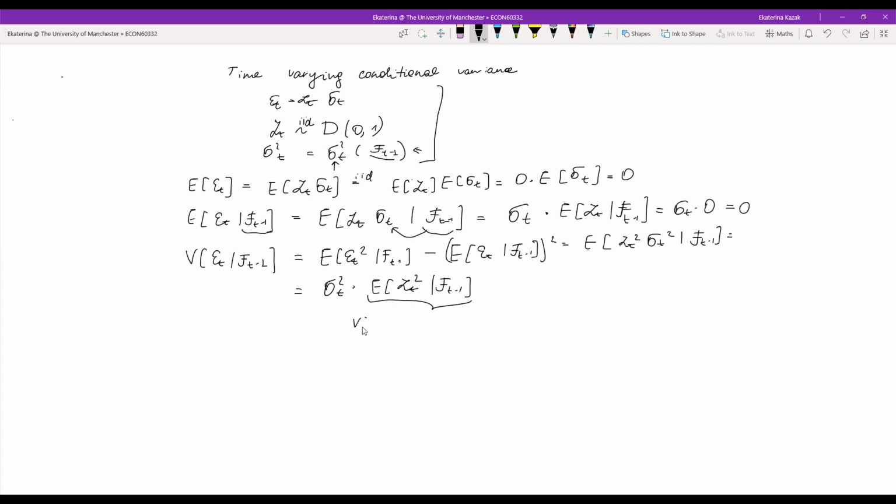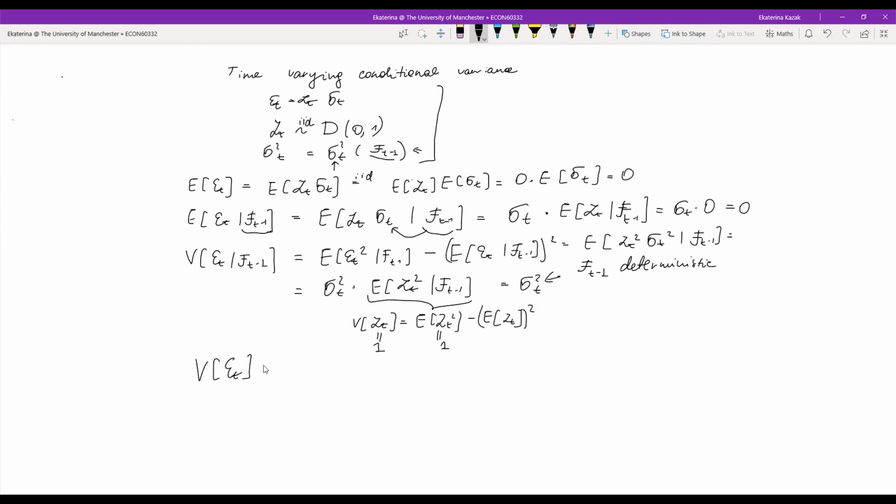Now, what is the variance of z_t? It is the expected value of z_t squared minus the squared expectation. And so if the variance is 1, then the expected value of z_t squared is 1 as well. So you do have sigma squared t here times 1. And again, this you can pinpoint if you have the information set F_{t-1}.